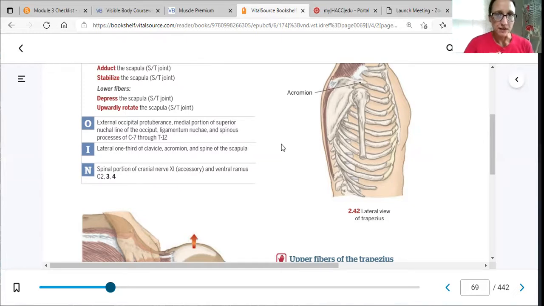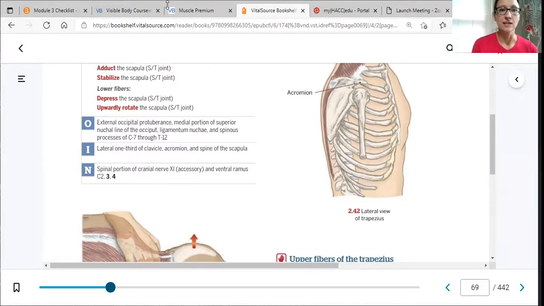The insertion is the lateral 1/3 of the clavicle, the acromion, and the spine of the scapula. Where have we heard that before? Yes, that is the origin of deltoid. You will notice when we put these muscles together that trapezius and deltoid actually have similar attachments.